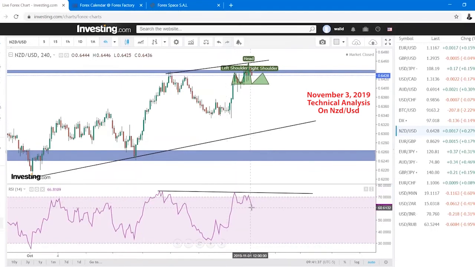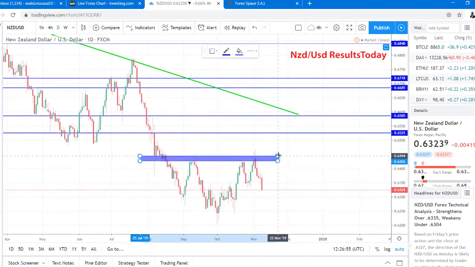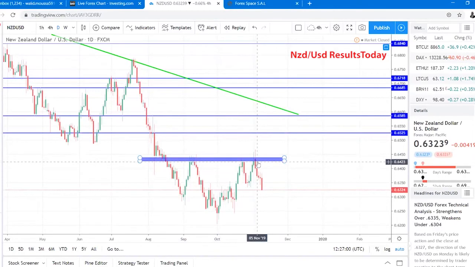So this might be a short-term opportunity to short the NZD if we break this potential pattern or any other pattern in this area, and preferably with a rejection on the daily time frame for this resistance level. So we got our rejection at this strong resistance level, as you can see here.